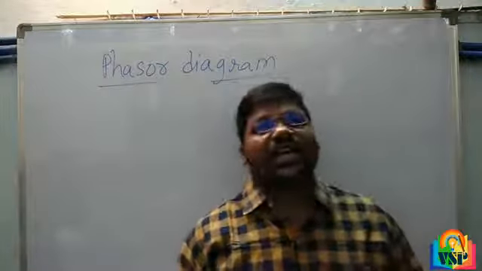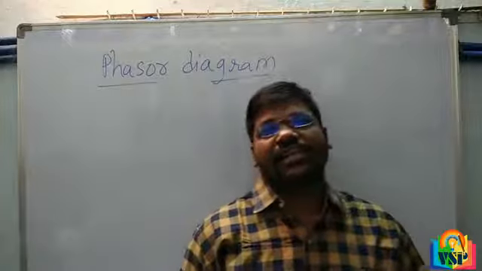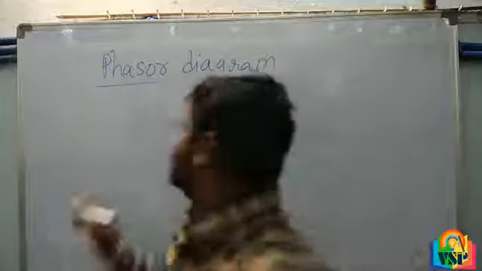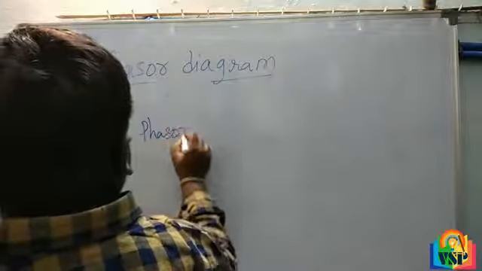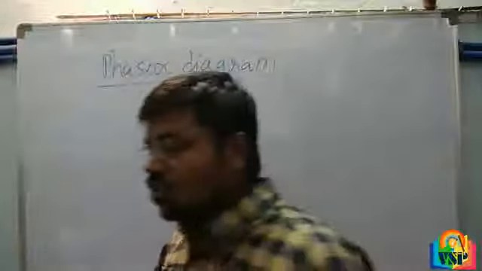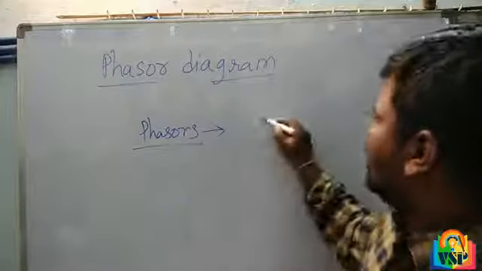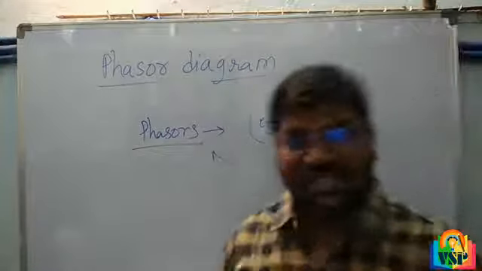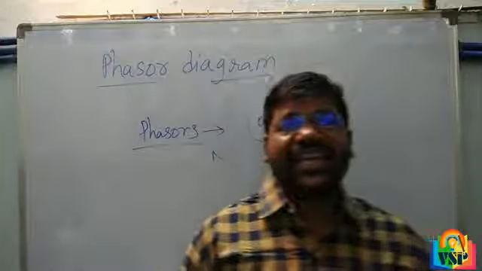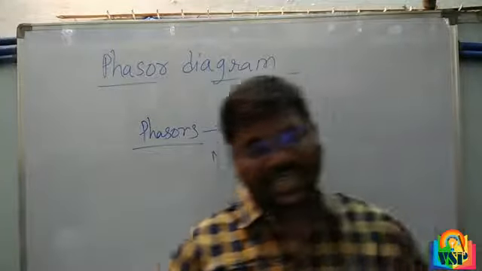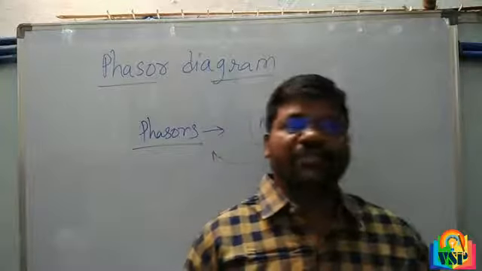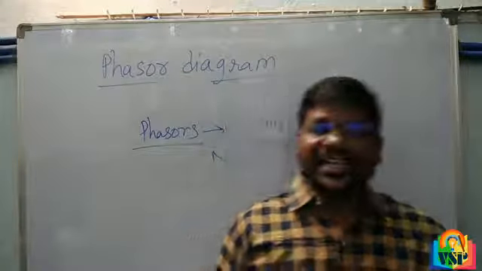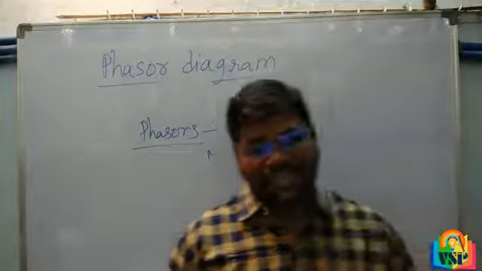So these rotating vectors representing current and EMF are called phasors. Phasors means the rotating vectors which represent EMF and current. A diagram representing alternating current and alternating EMF of some frequency as rotating vectors with a phase angle between them is called a phasor diagram.